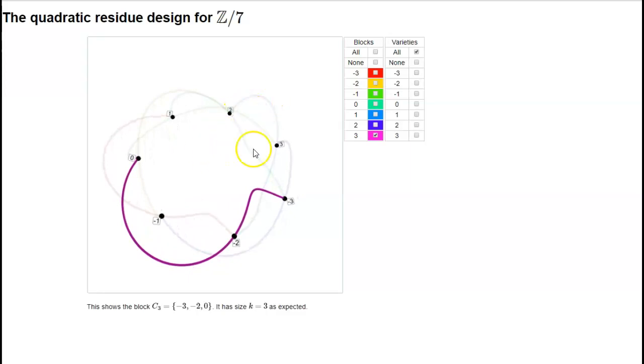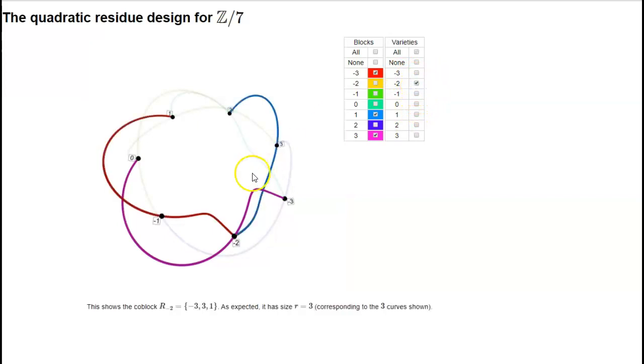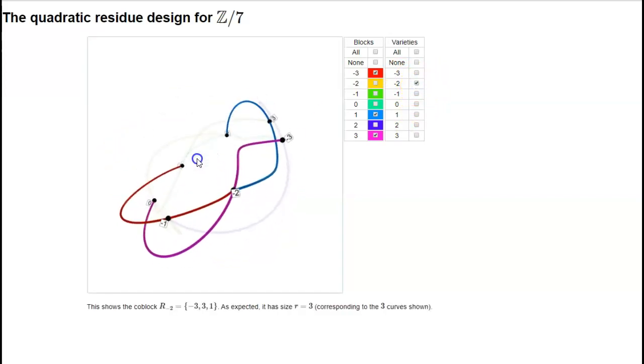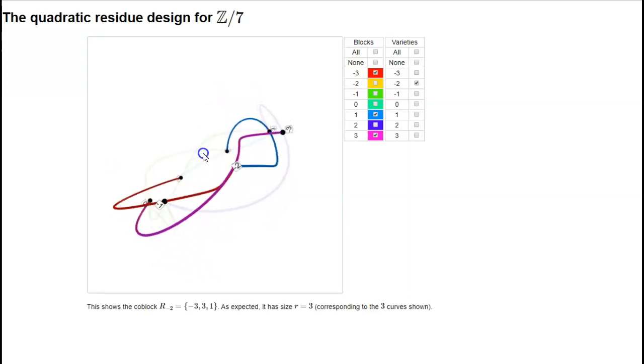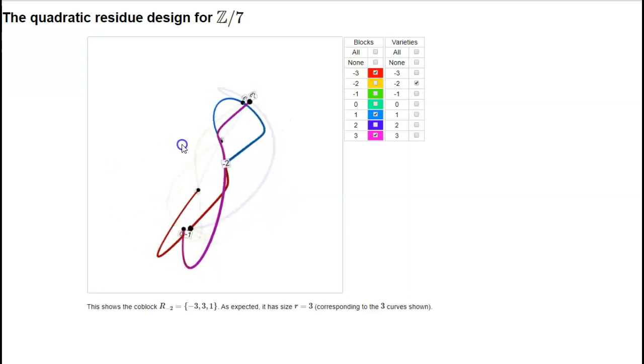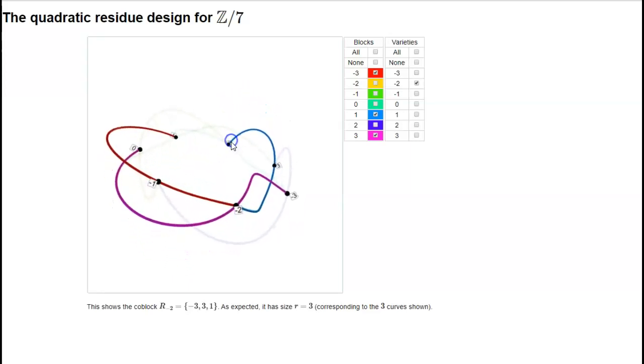Then we could also focus on a variety instead of on a block. Let's look at variety -2, and the question is, how many different blocks is that contained in? Well, you can see that there are actually 3 of them. It appears in the middle of this purple block here, at the end of this red block, and at one end of the blue block.